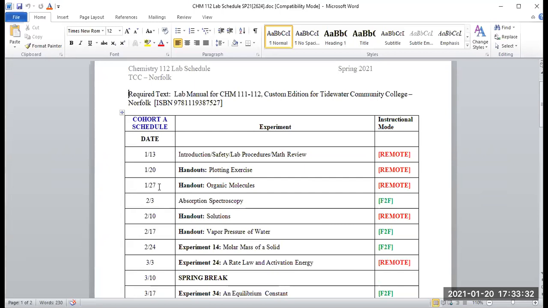next week, the people in the A group will be doing the organic molecule lab, and I will be posting a short video, probably about 10 minutes or so, of some further explanations on how you're supposed to go about doing that.